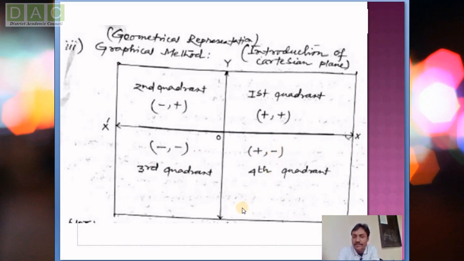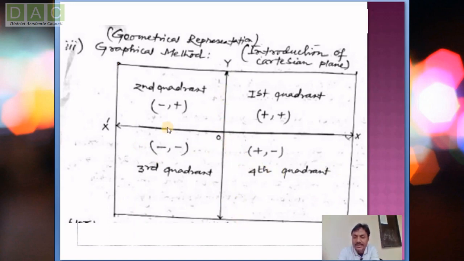But you must remember, when you draw the two axes, the one to the extreme left is x dash O x, that is the x-axis, and the next one, y at the top, y O y dash, is the y-axis.